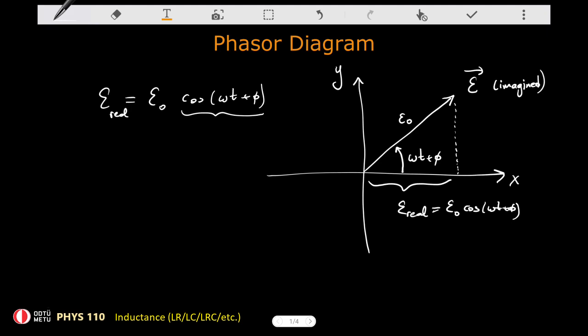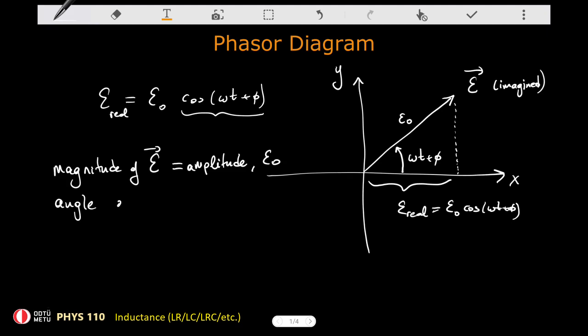All right, just keep in mind that the magnitude of the vector we are talking about here is the amplitude, which is epsilon 0, and the angle of the vector is omega t plus phi.